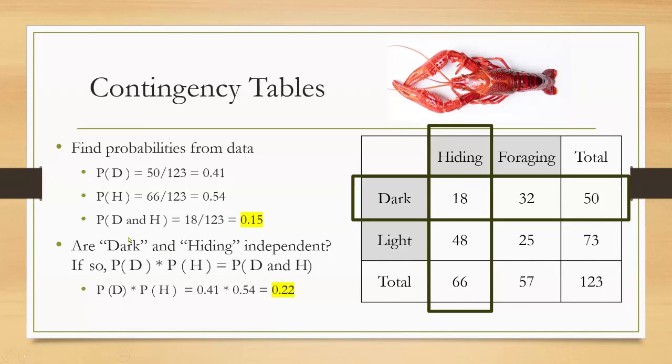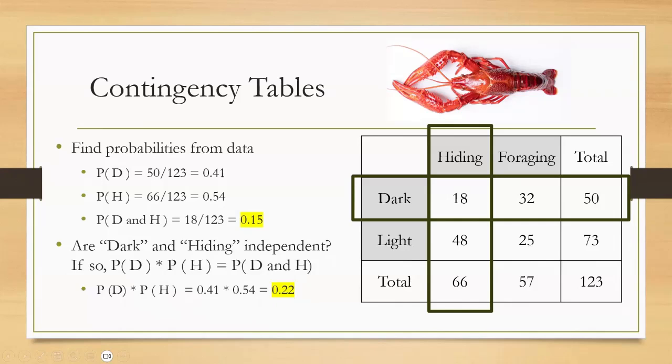All right, so our question is, if they were independent, then the probability of dark times the probability of hiding would equal the probability of dark and hiding together. So if we multiply the probabilities, we do 0.41 times 0.54, we get 0.22.